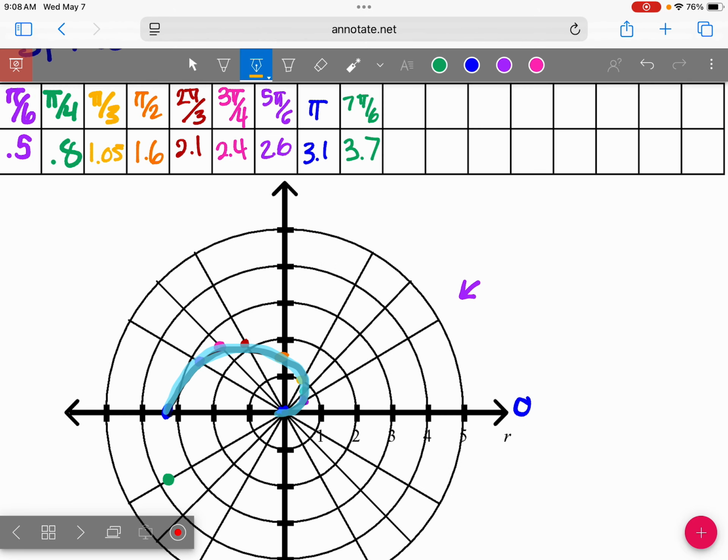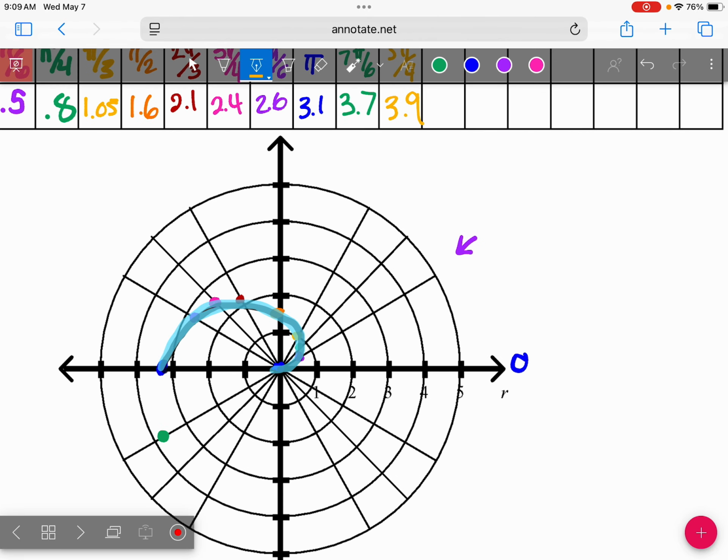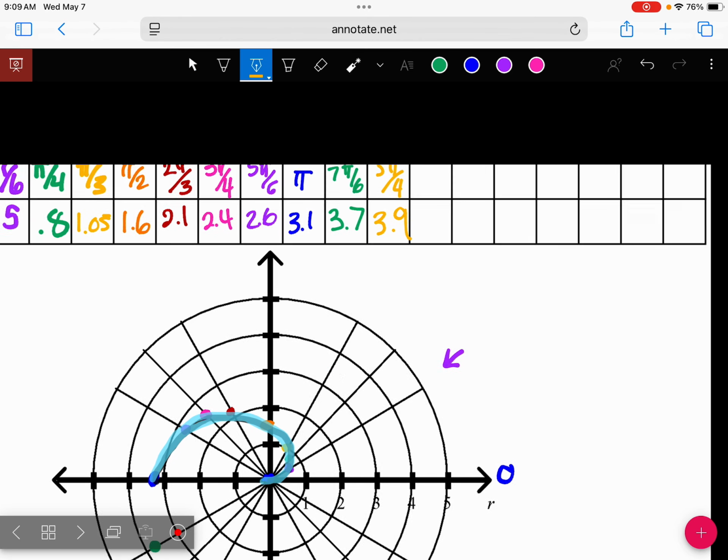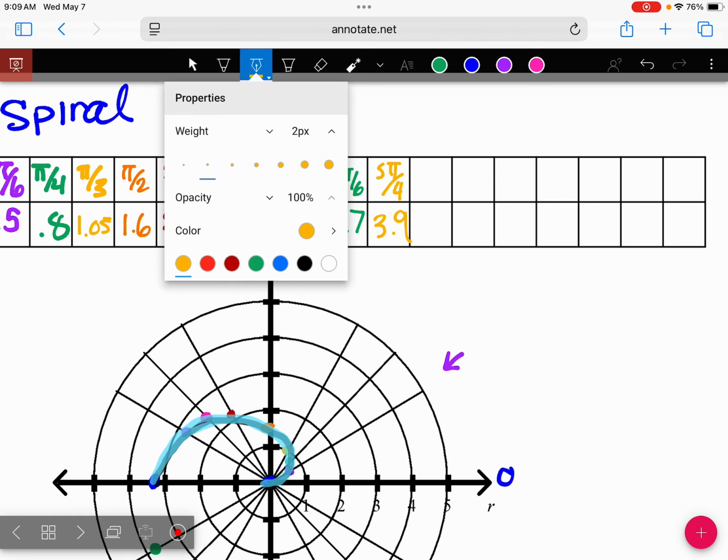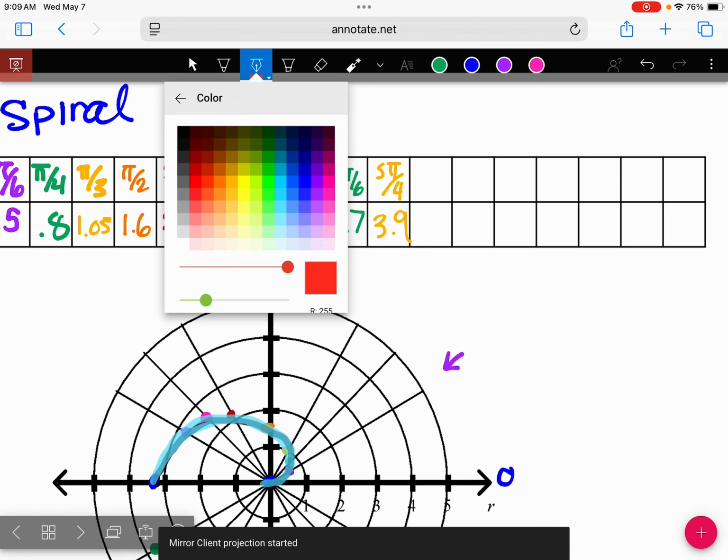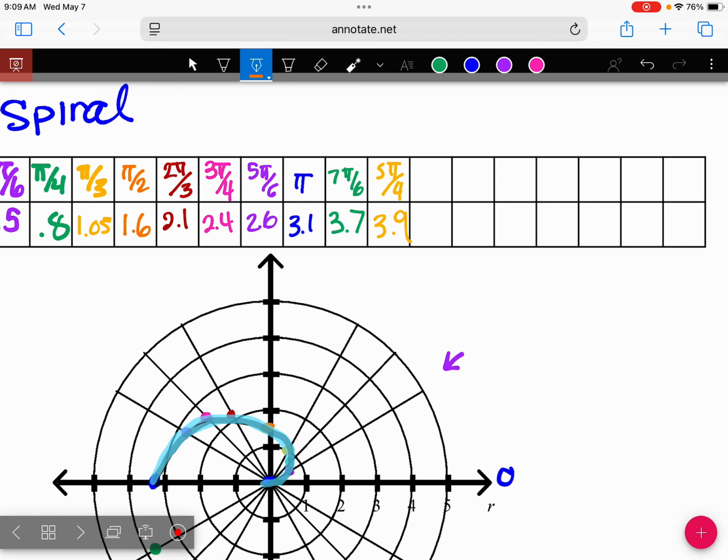And we're going to do our 5 pi over 4. About 3.9. So it's getting real close to that 4. Oh, I just saw my screen blink in my Precal. Yuck. Go back.